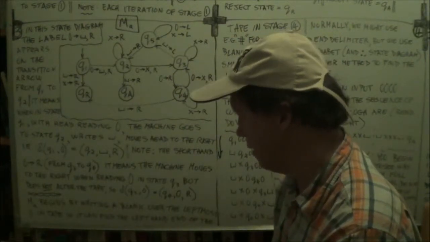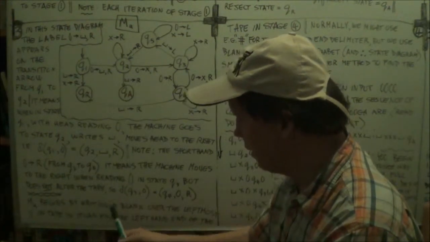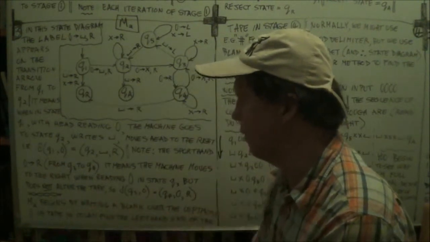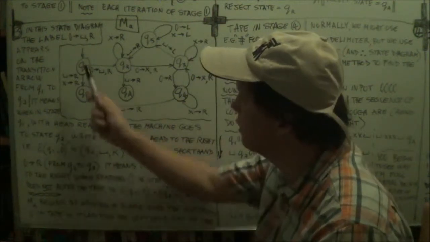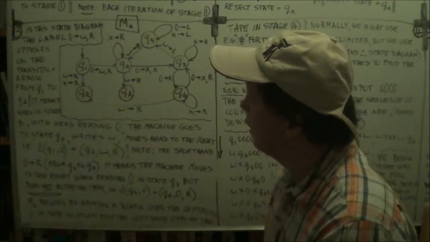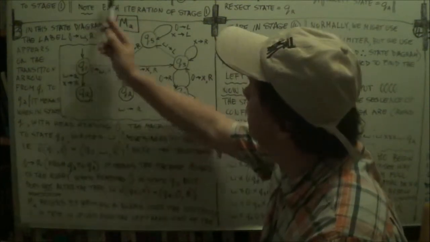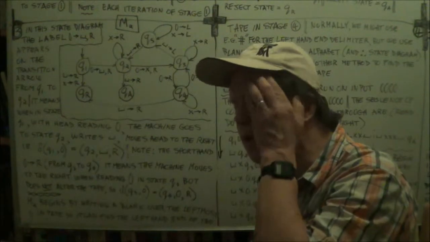So how does it start? Well, it writes a blank over the leftmost 0 on the tape. So the starting position is here. You've got a whole sequence of zeros on the tape.